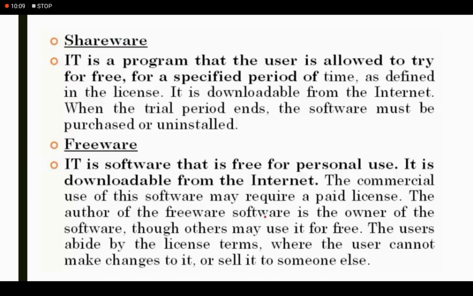Next one is freeware. It is software that is free for personal use. It is downloadable from the internet. The commercial use of this software may require a paid license. The author of the freeware software is the owner of the software, so others may use it for free. The users abide by the license terms, where the user cannot make changes to it or sell it to someone else.